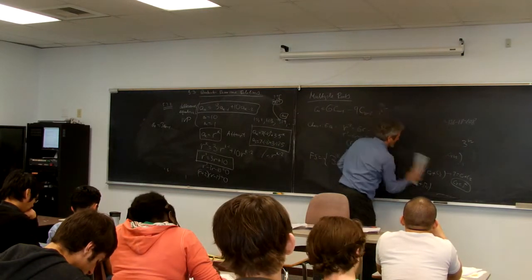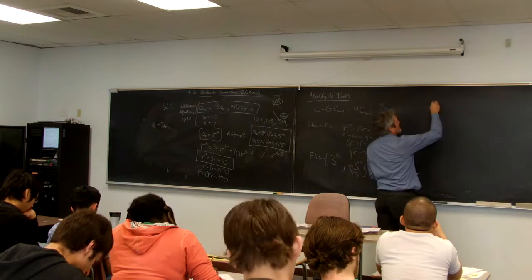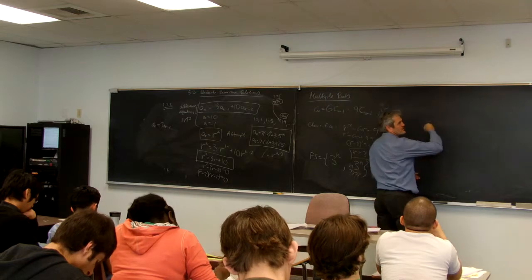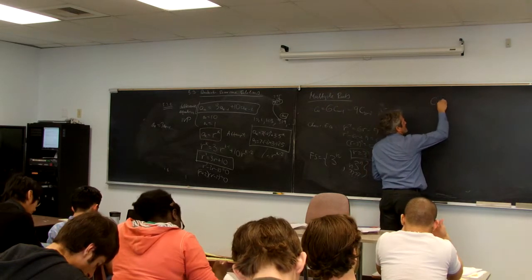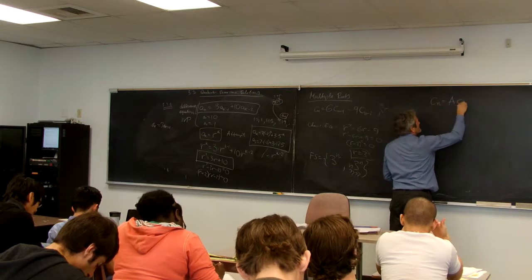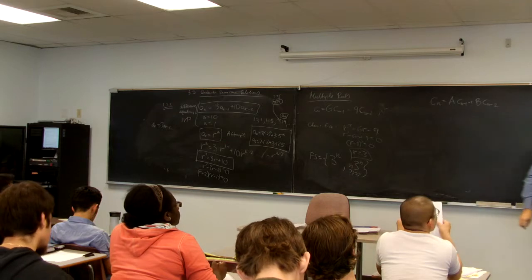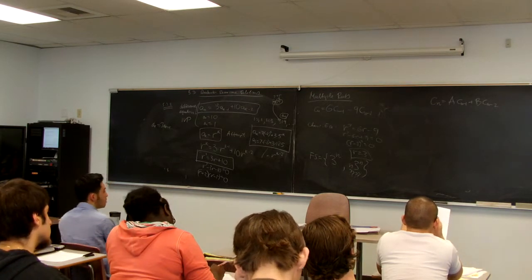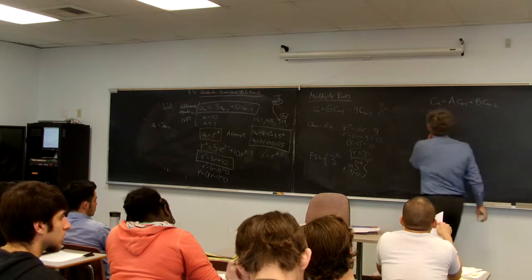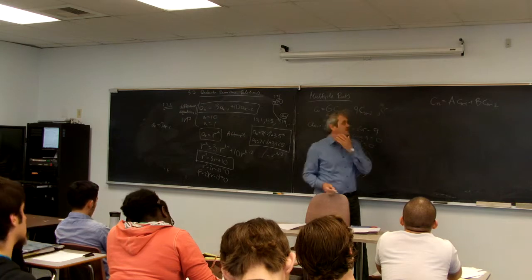Let me erase this part and have this next. If I have a recursive relation that says Cn equals a Cn minus 1 plus b Cn minus 2, this is the form of this equation.